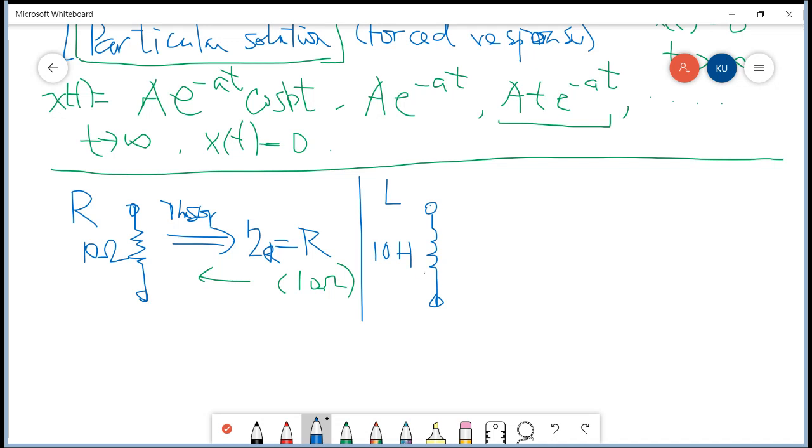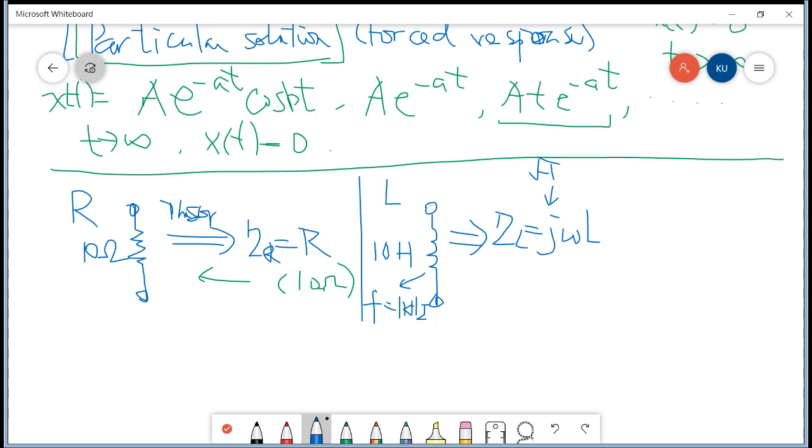And if this circuit operates at f equals, let's say, 1 kilohertz, then the phasor will be Z_L equals j omega L. j is of course the square root of minus 1.